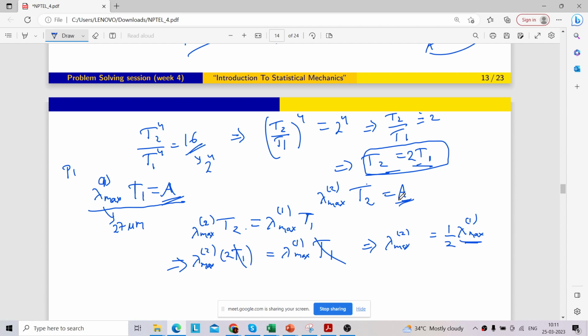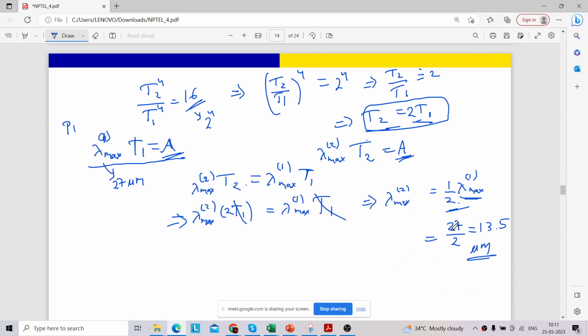So you notice that as the temperature increases twice, the wavelength of maximum intensity decreases to half. I have the value 27 micrometer, I can put it here. So it will be 27 over 2, which is 13.5 micrometer. So the wavelength at which the final state will radiate is 13.5 micrometer.